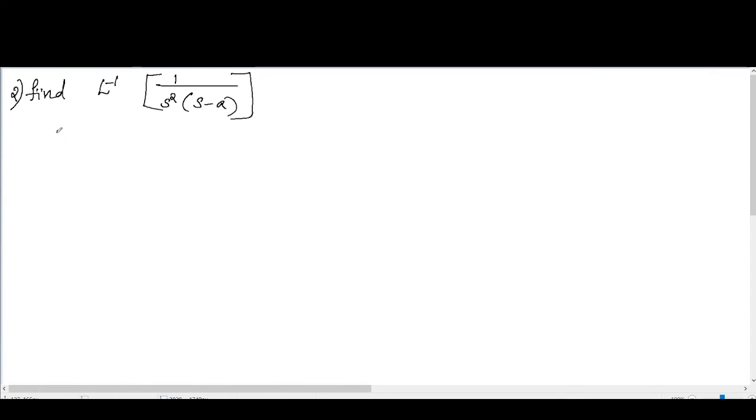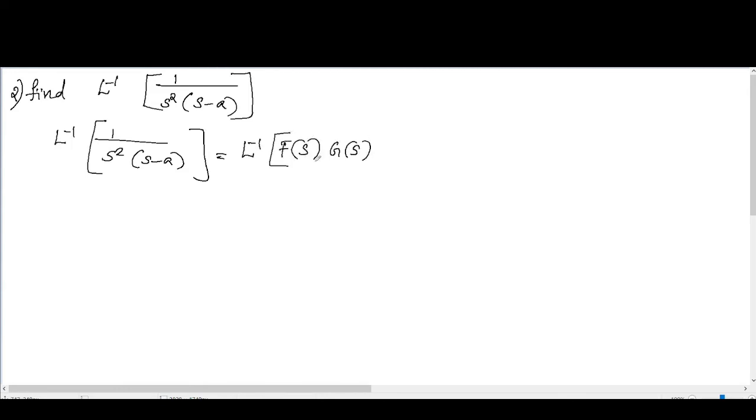So L inverse of 1 by s square into s minus a is equal to L inverse of f of s into g of s. So what is f of s here? When comparing both sides, you can take f of s equal to 1 by s square and g of s equal to 1 by s minus a.